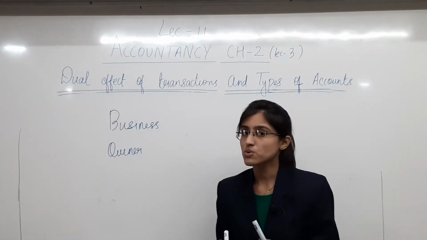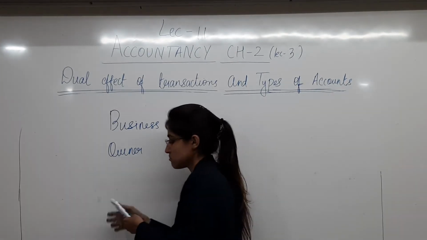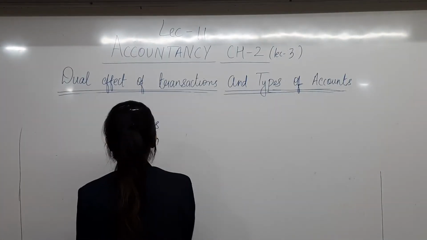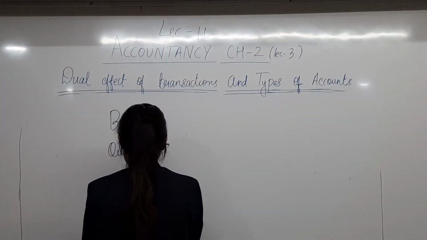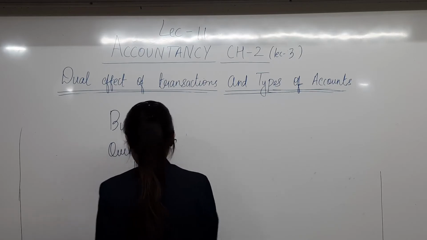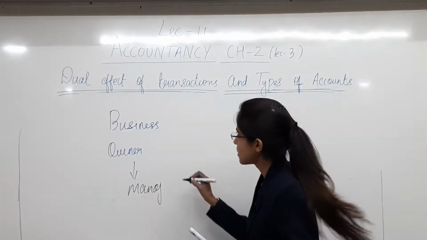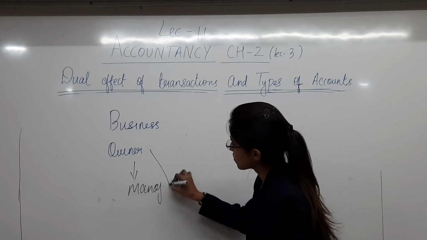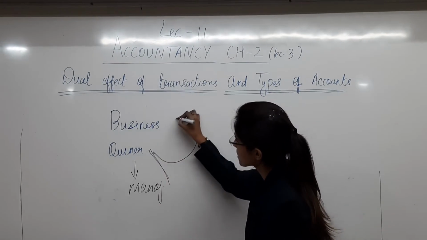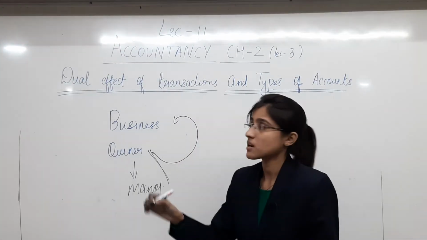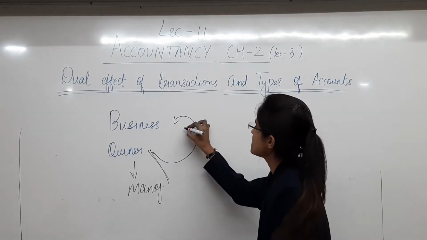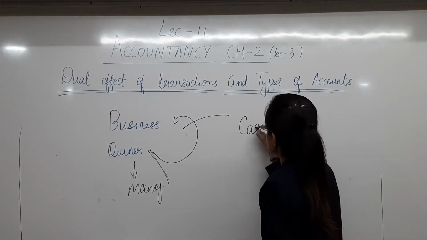Who's the owner first of all? Manoj. What did Manoj do? Manoj is the owner and owner brought cash. Where? In the business. So cash comes in the business.